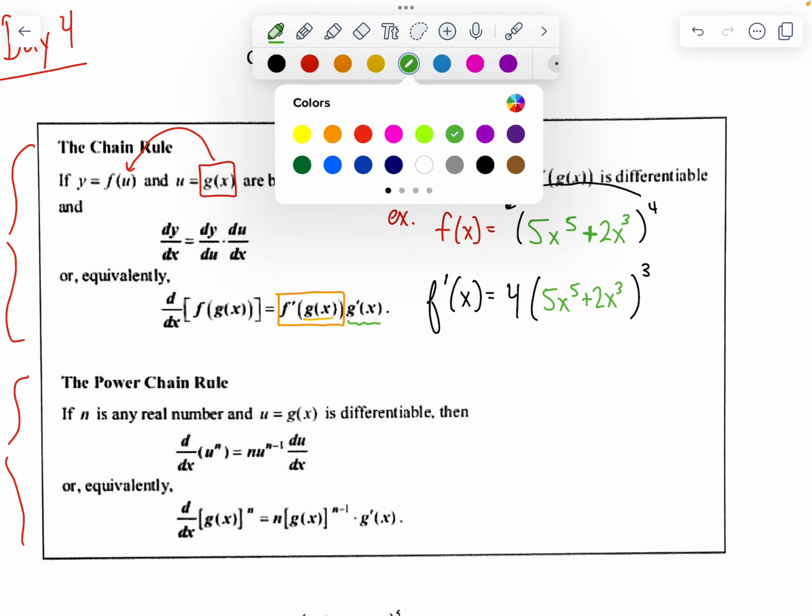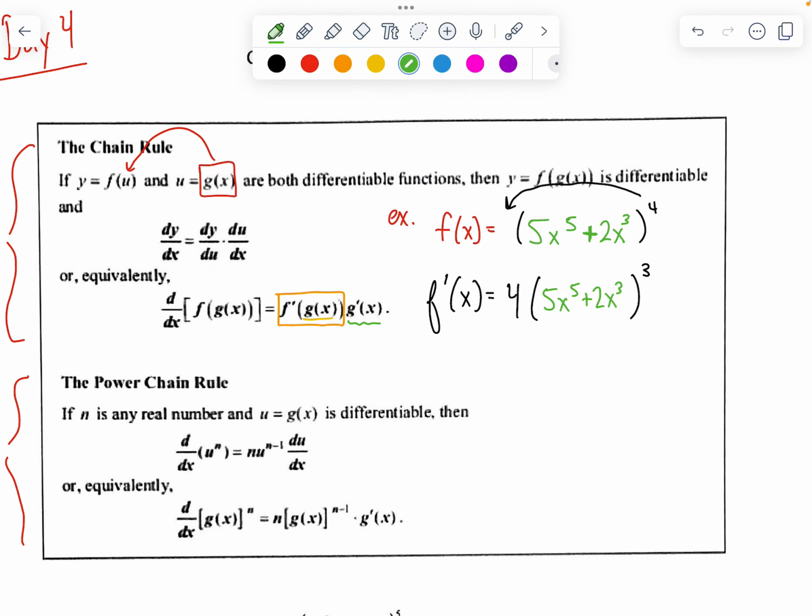But because that's the outer function, we also need to work with what this inner function was and have the derivative of that also. What I mean by that is I need to multiply this by the derivative of what was inside. So that would be 25x to the 4th plus 6x squared, okay?